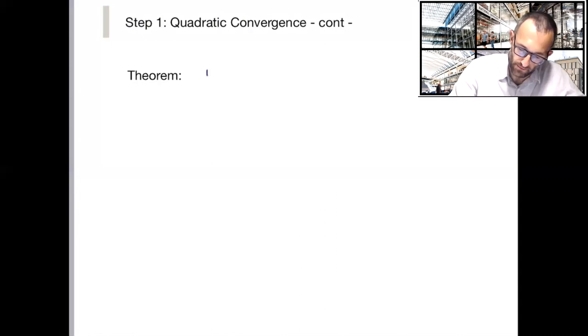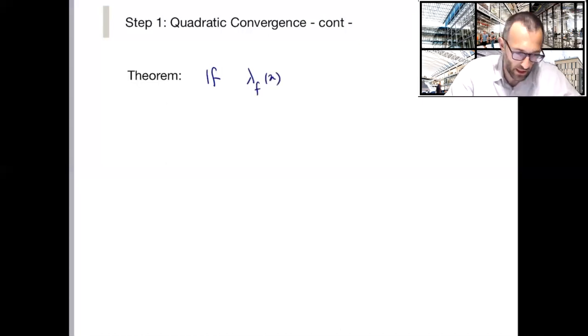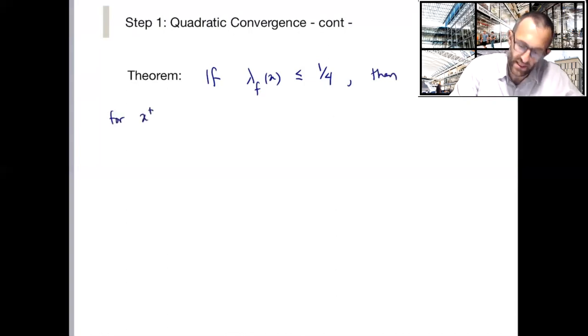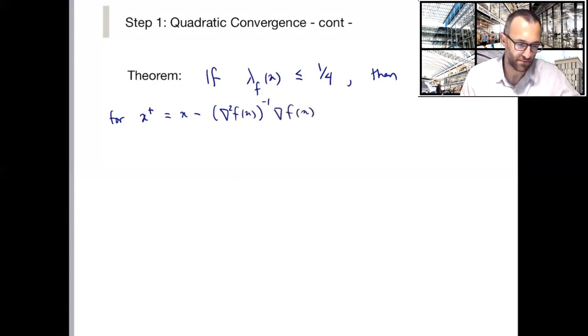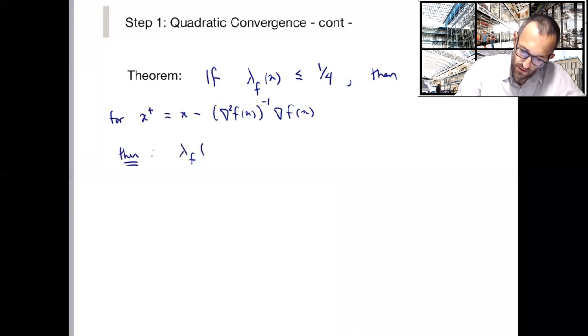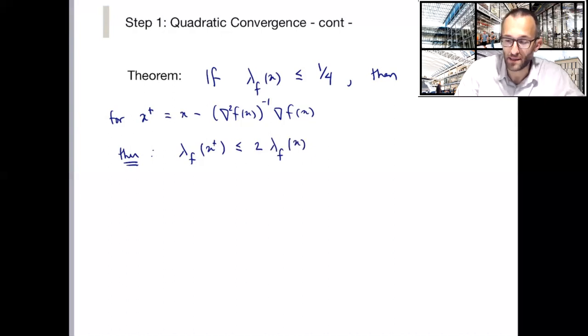So the theorem says, as long as this quantity is small enough, in particular, as long as this is bounded above by 1/4, then for the update on x being given by an undamped Newton step, namely x plus equals x minus the Hessian inverse times the gradient of f at x, we're guaranteed that this value is less than 2 times lambda f of my previous point x, squared.